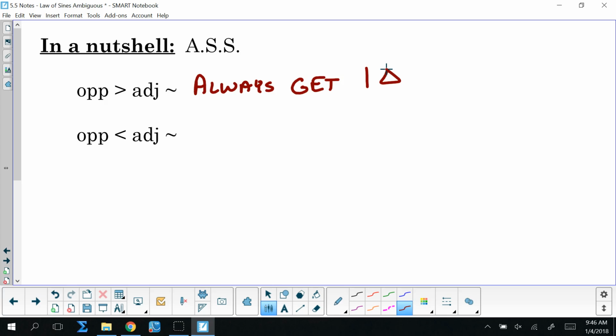Obtuse angle, acute angle doesn't matter. You'll get one triangle. If your opposite side is less than your adjacent side, we could get 0 triangles, we could get 1 triangle, or we could get 2 triangles.